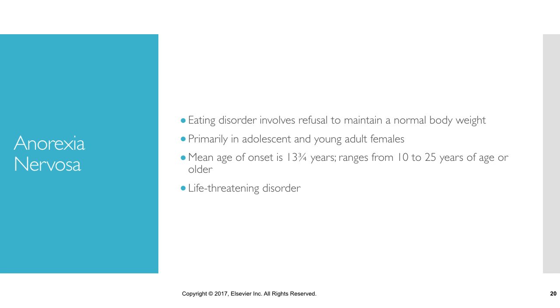So I think that one of the things that we see is we make an assumption that only females are having this, when in actuality there's males that are experiencing the same issues. The mean age of onset is about 14 years of age, but it can range as young as 10 to 25 years of age. I've heard of a few cases where it was 8-year-olds.